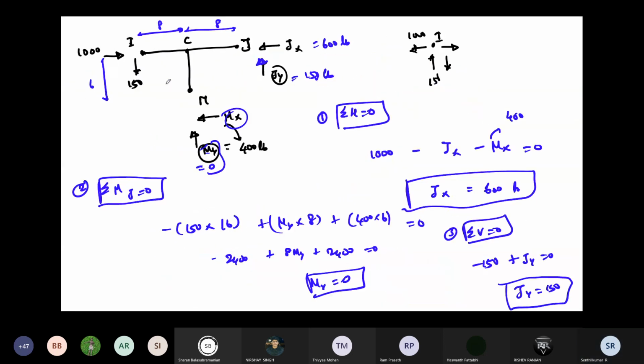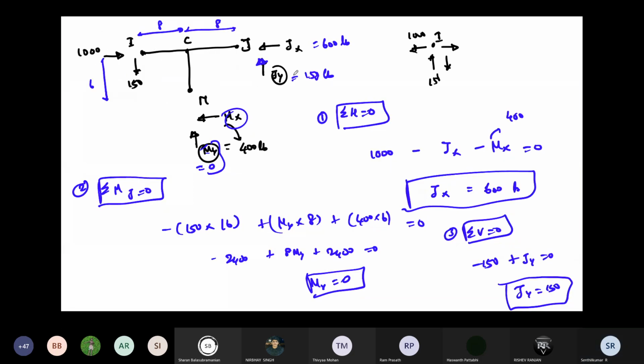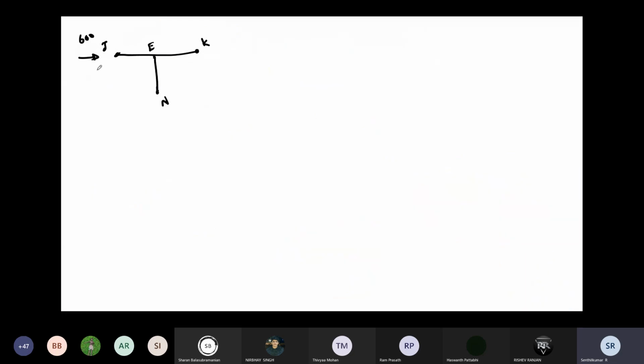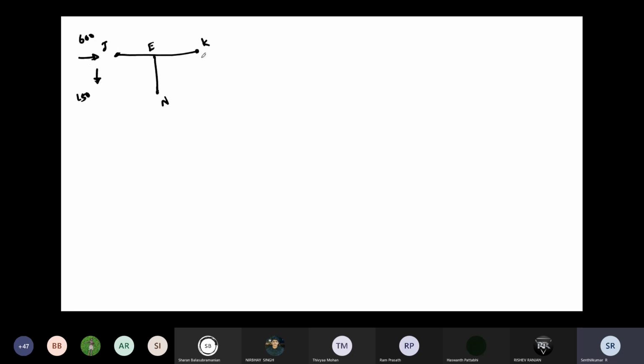Right? Okay, now we know already the J values. It's 600, so that is in that direction. So here 600 will be in this direction. Then J is upward, so I can make it a downward 150. Then again, what things are there? I don't know Kx, Ky.